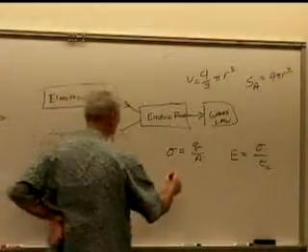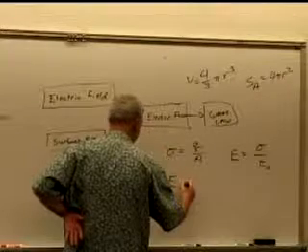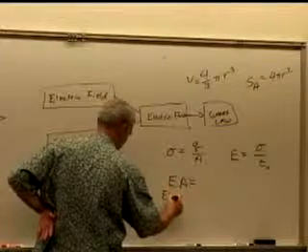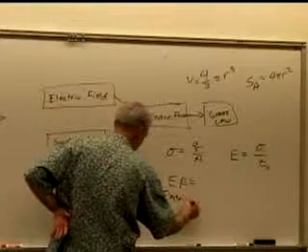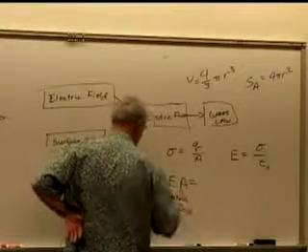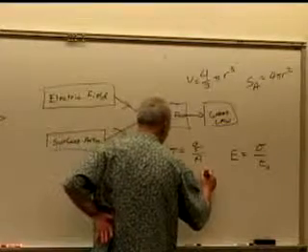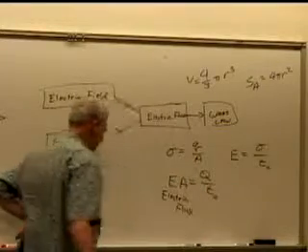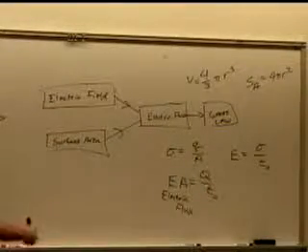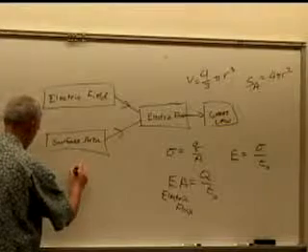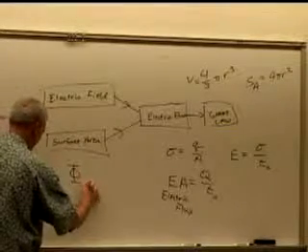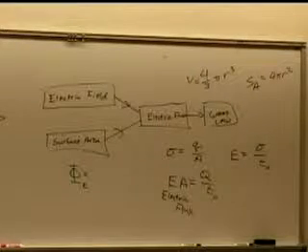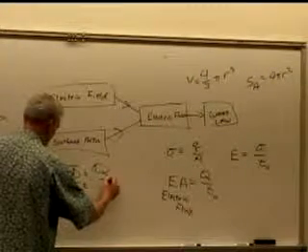So here we get E A, and this is your electric flux, is equal to the total charge divided by epsilon naught. And another way that we write that is this big phi: big phi is equal to Q over epsilon naught.